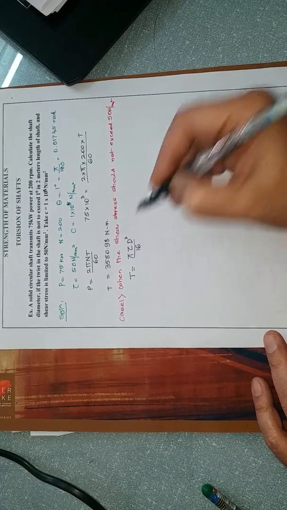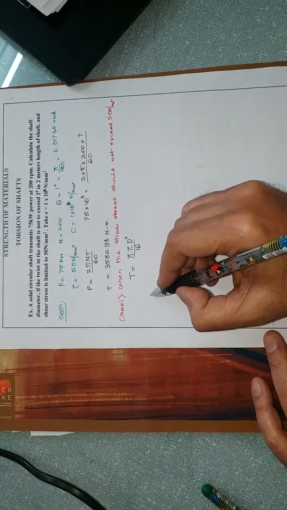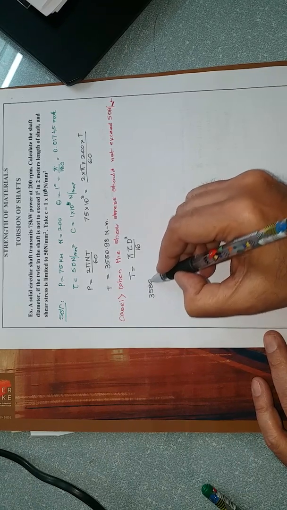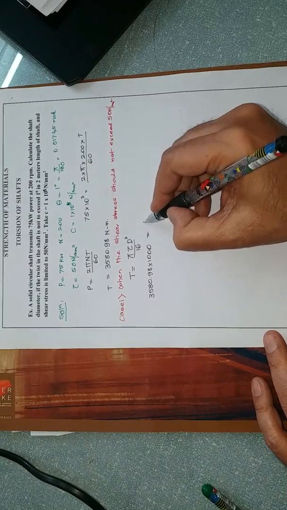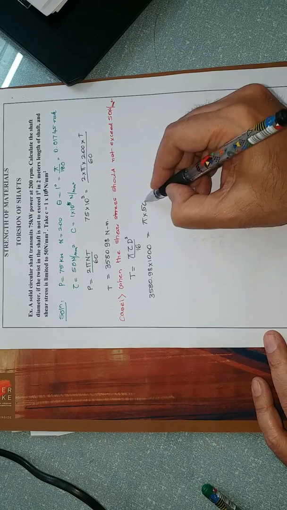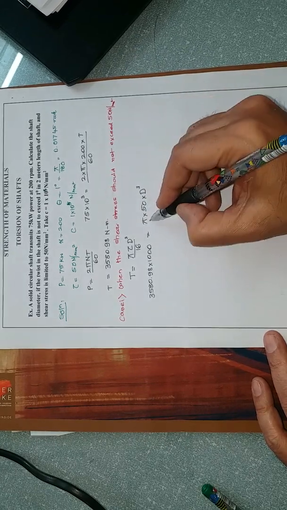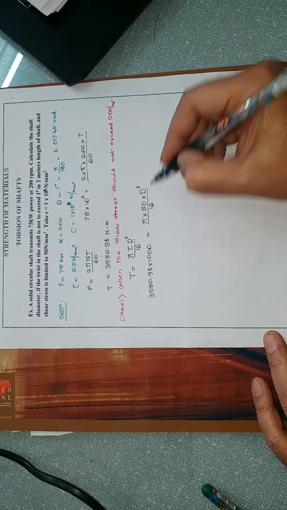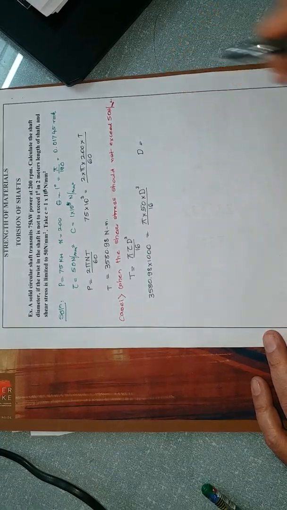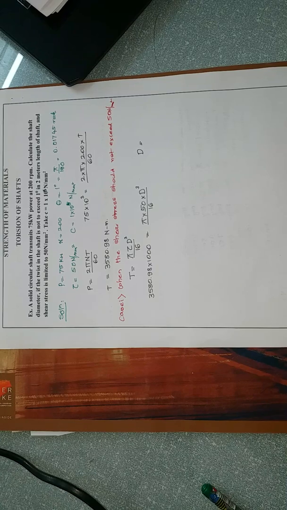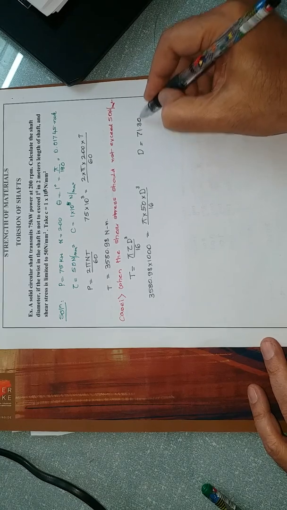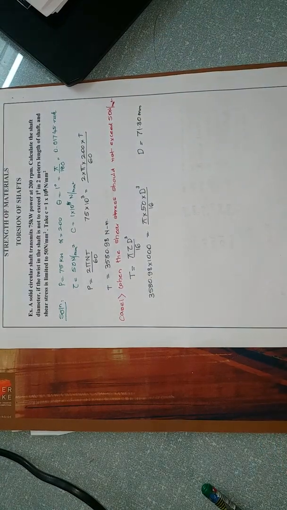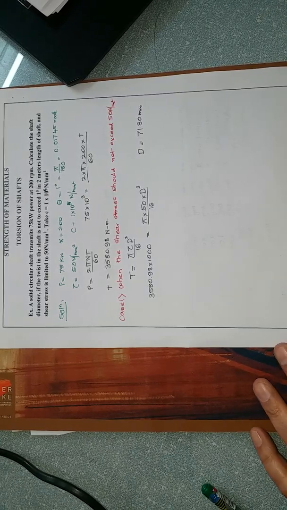This is for solid shaft. So T is 3580.98 into 1000 for Newton millimeter is equal to pi into tau, which is 50, into d cube divided by 16. So from this you get the value of d as 71.3 millimeter. So this is considering the case 1 where the shear stress should not exceed 50 Newton per millimeter square.